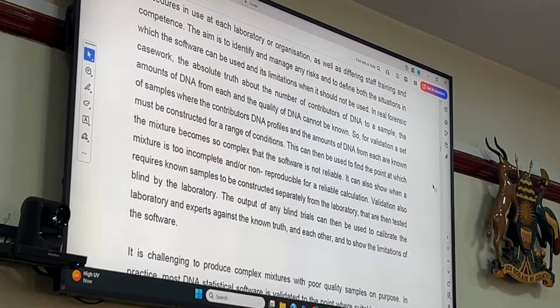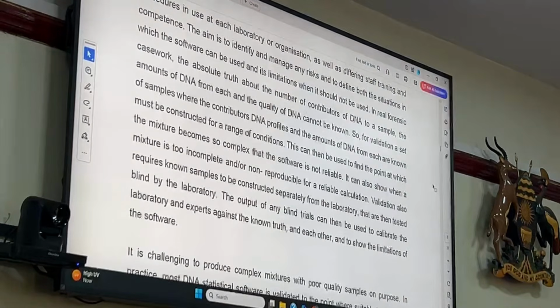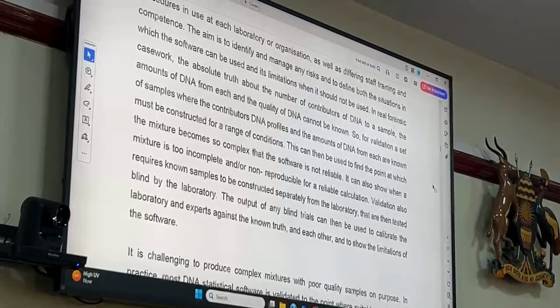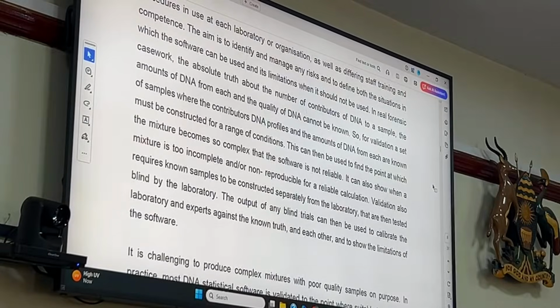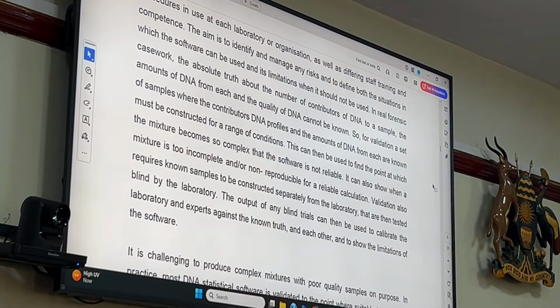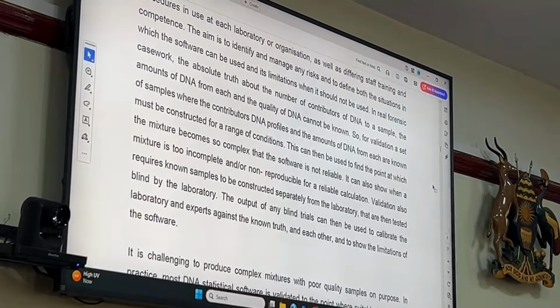The ground truth, so exactly what was in that sample. It is also essential that for use in forensics, the laboratory lock down the software so no one can alter any of the parameters within the laboratory.